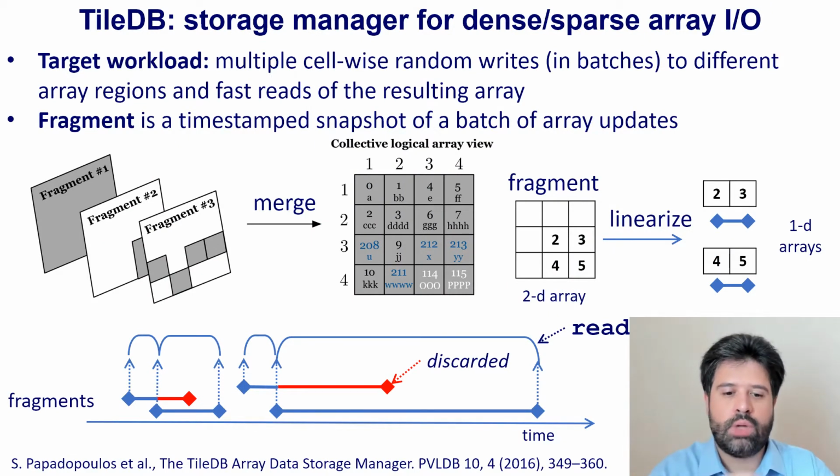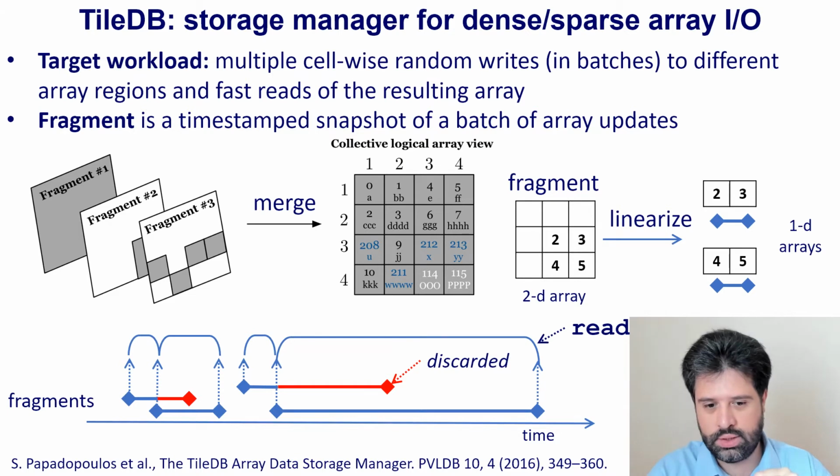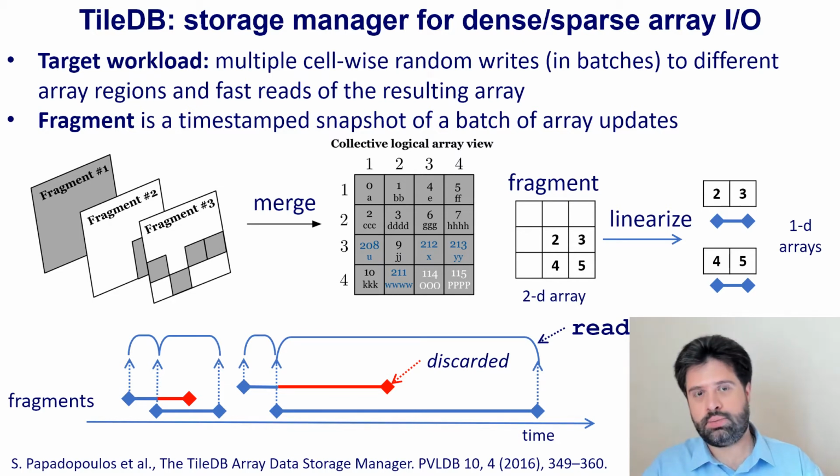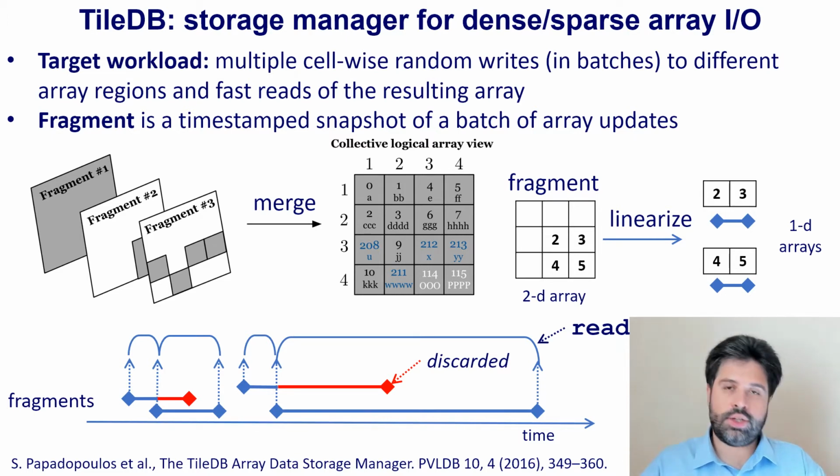TileDB targets multiple cell-wise random writes in batches to different array regions and fast reads of the resulting array. TileDB writes data in fragments, time-stamped snapshots of batch updates to an array. A non-empty cell from a newer fragment overrides a non-empty cell from an older fragment. The core idea behind TileDB is as follows.